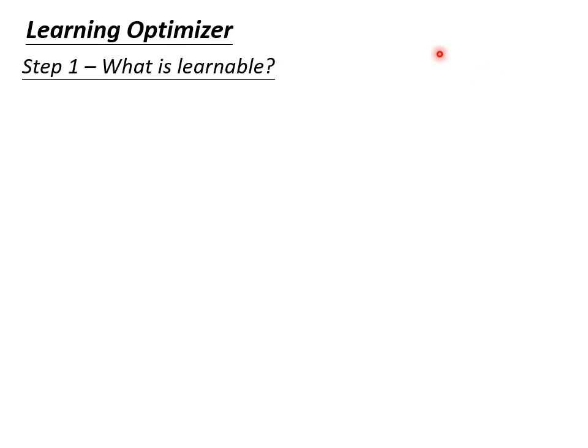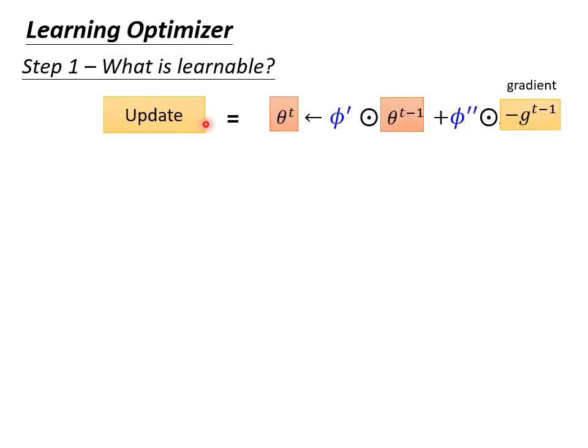For step 1, what is learnable? You can formulate the general update rule like this. You have the parameter in the last time step, theta t minus 1. And this parameter is element-wise multiplied by phi prime. And you have gradient g. And this gradient is element-wise multiplied by phi double prime.